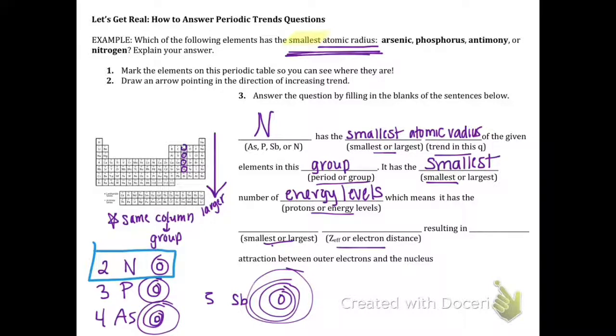It only has 2. And if that's the case, then we also can say it has the smallest electron distance, right? The nucleus in the middle and the electrons on the outside is very, very small in comparison to its other peers.